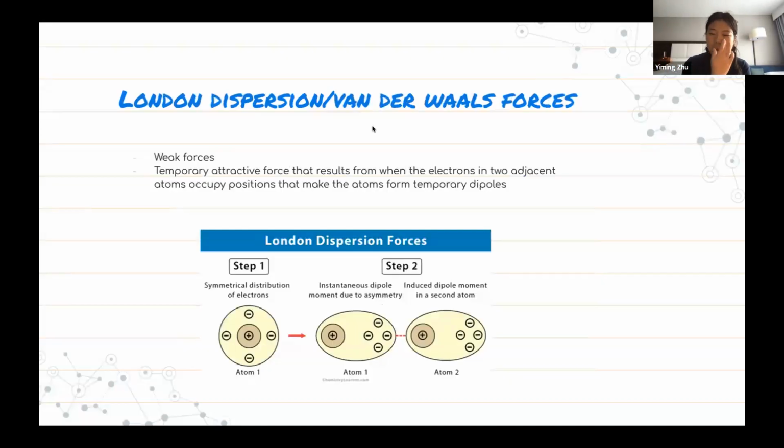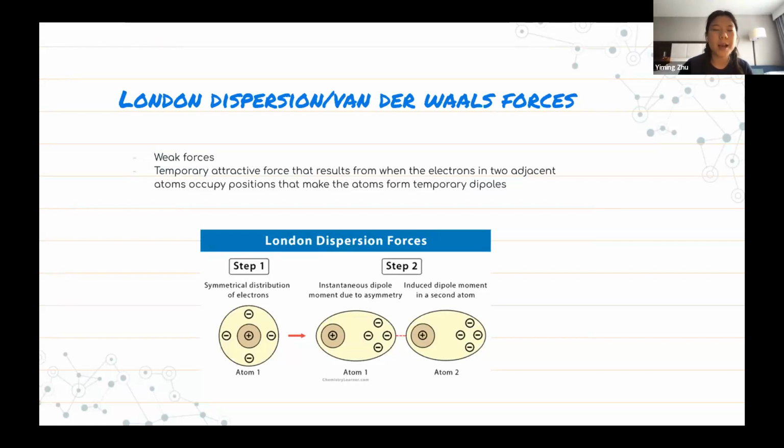Okay. I think this should be the last one of the interactions that we're talking about today. This is the London dispersion force, or van der Waals forces. These are the weakest of the forces, and they result from when the electrons in two adjacent atoms occupy positions that make the atoms form temporary dipoles.